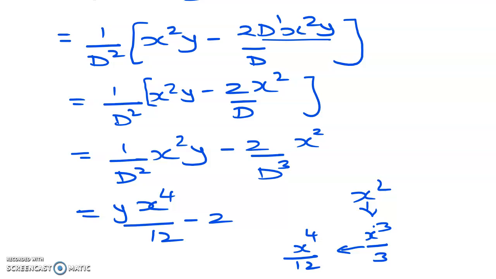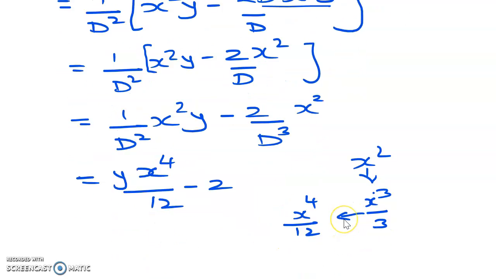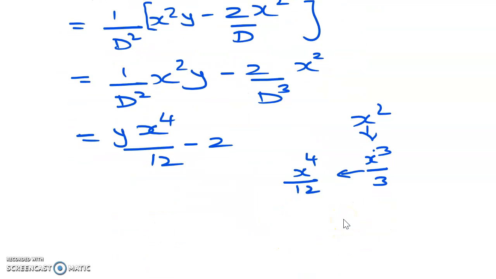Again when you integrate, x power 5, and 4 goes to the next one, so 12 into 5 is 60. Substituting here, what I get is x power 5 by 60.